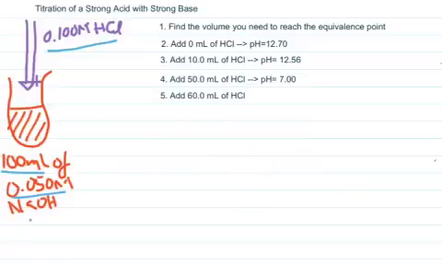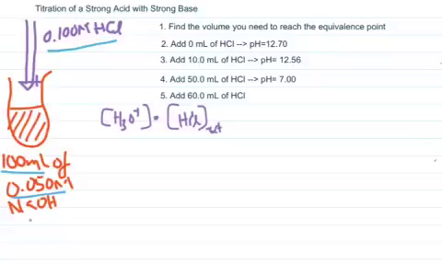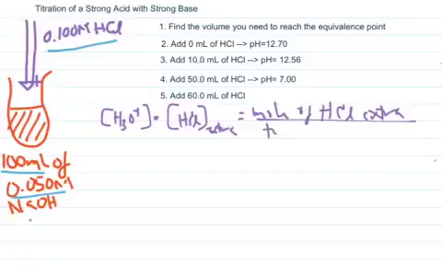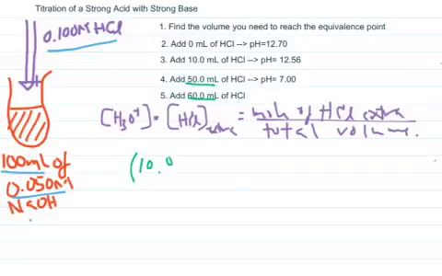So if we're looking for hydronium, which we know is equal to the extra HCl, we are going to look at the moles of extra HCl that was added all over the total volume. So how many moles of extra HCl do we have? Well, what was the extra volume? We added 10 milliliters more past the equivalence point. So we had 10 milliliters.